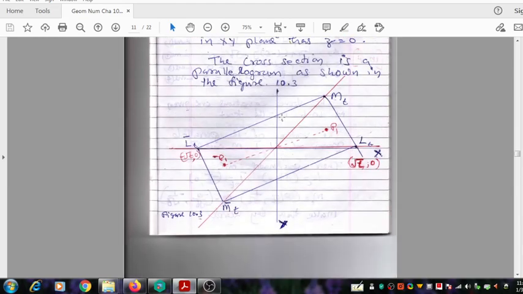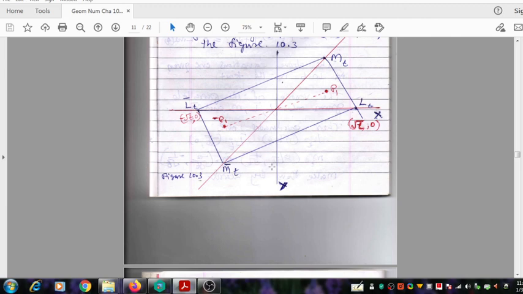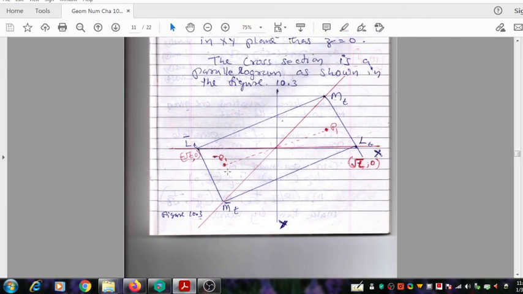These are the equations of the diagonals. Y equal to 0, that means the x-axis. Okay, and you can see this is one diagonal, this red colored line is the other diagonal.